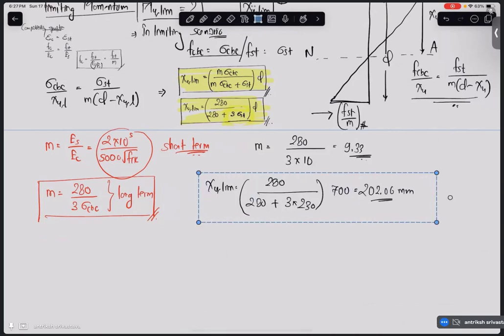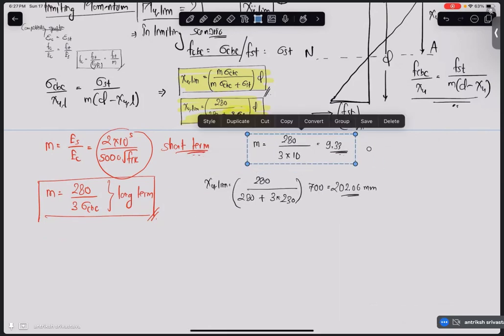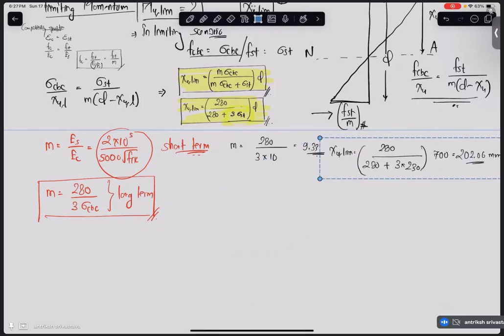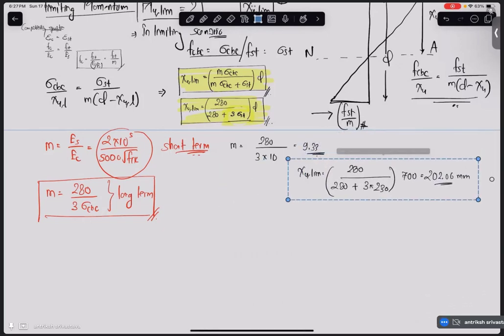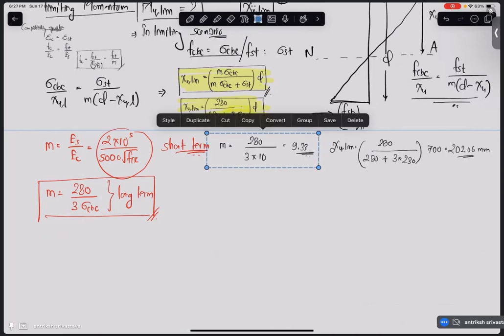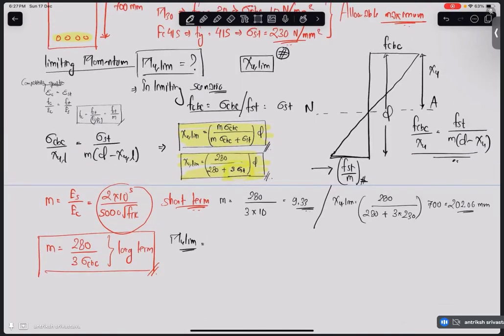Now, using this xu limiting, and since we don't know the area of steel, what we are going to do to calculate Mu limiting, we are going to use the concrete side of our problem. So if you are familiar, how do we calculate this particular Mu limiting?